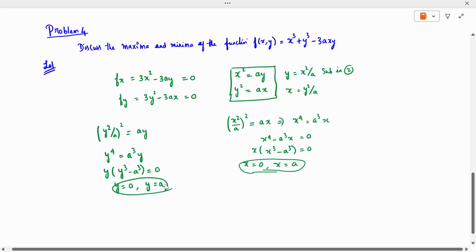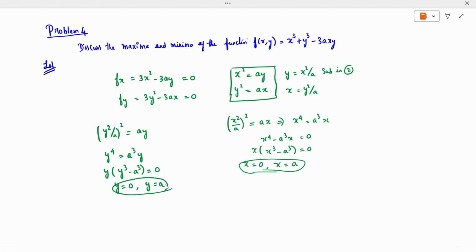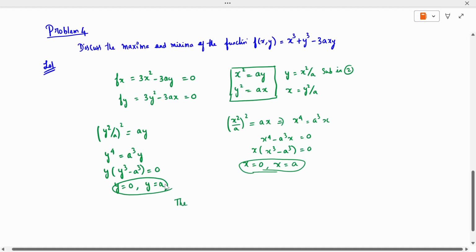Now, how many points do I have? Stationary points. 2 stationary points. Stationary points are (0, 0) and (a, a). Okay, only 2 stationary points.